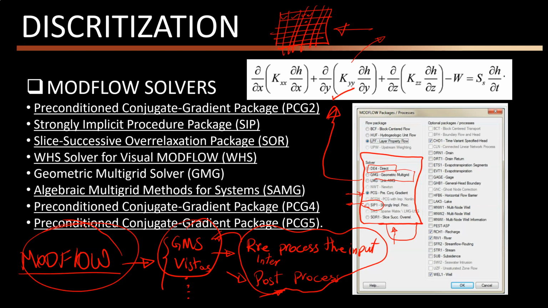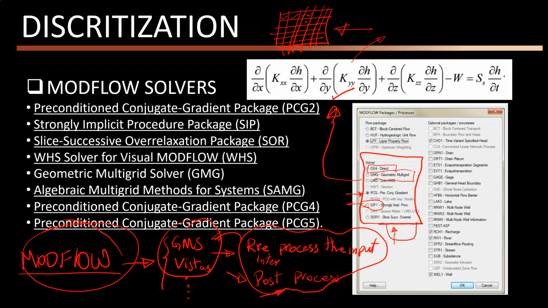But PCG would be, I would say, the most common solver that we use. As a modeler, you have to pick these solvers and play with them and see how they respond and how they converge. There might be some packages which would work with one solver but not the other one, but it is developing.